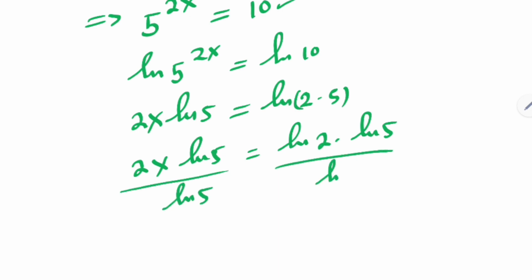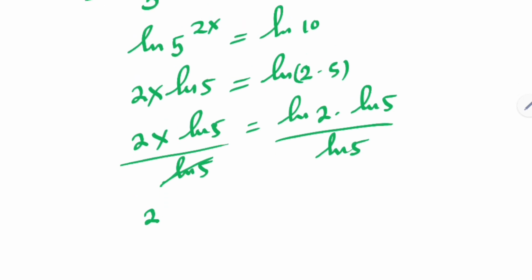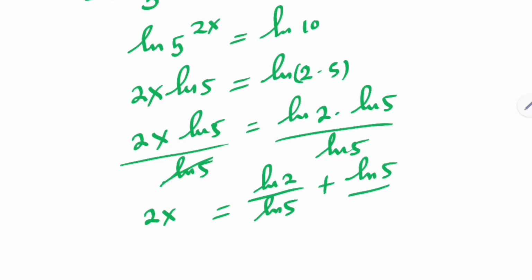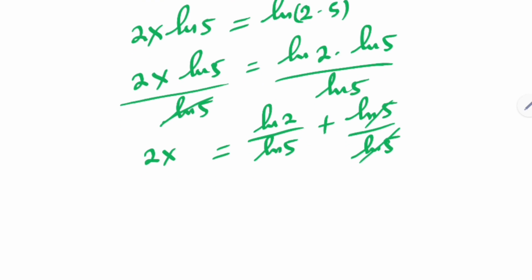This divided by ln of 5. This cancels this. 2x is equal to ln of 2 over ln of 5 plus ln of 5 over ln of 5. This cancels this. 2x is equal to 1 plus ln of 2 over ln of 5.